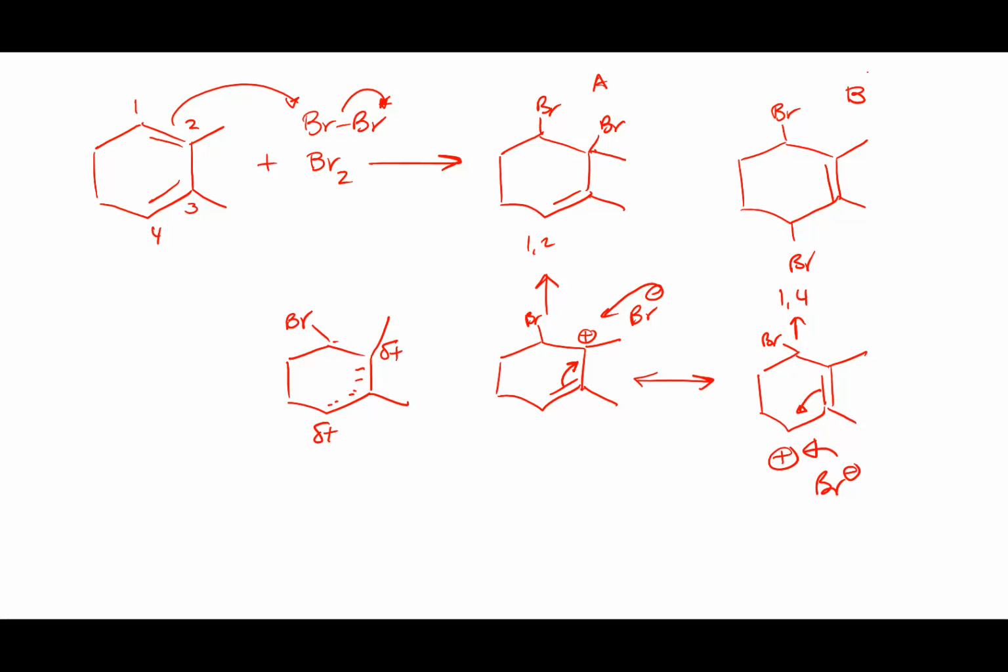So which is the more stable intermediate? And which is the more stable product? B is the thermodynamic product. A is kinetic.